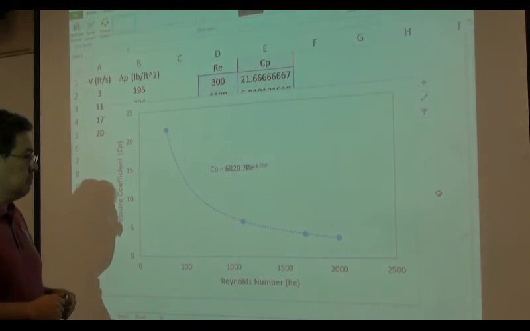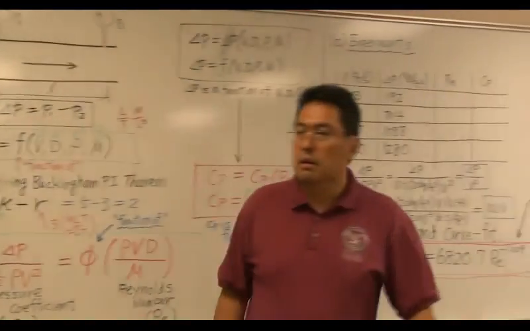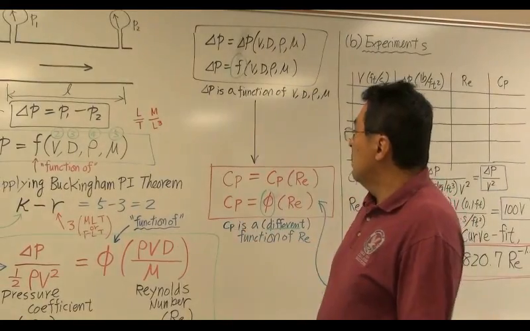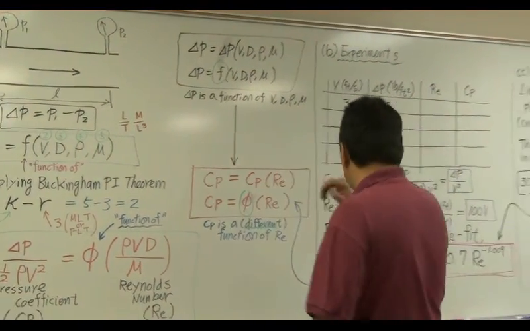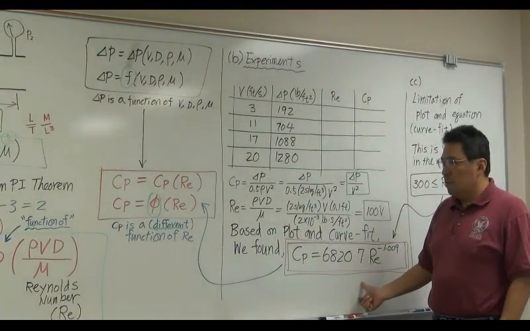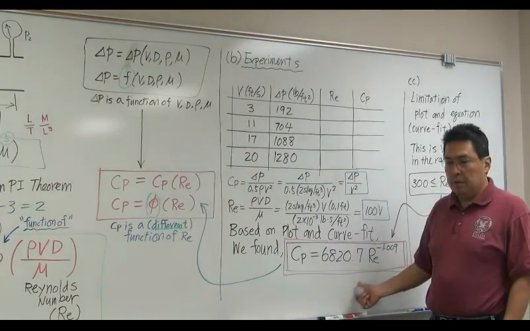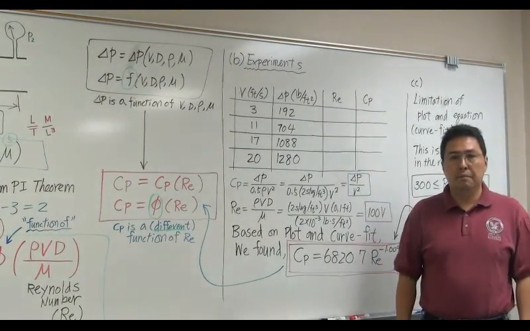All right? So this is the very, very basic of why you conduct experiments, why you have to plot, and what the plot tells you. This is the ultimate purpose of why you're doing experiments. So let's not forget the very fundamental reason why you do it. Okay? Let's stop here.